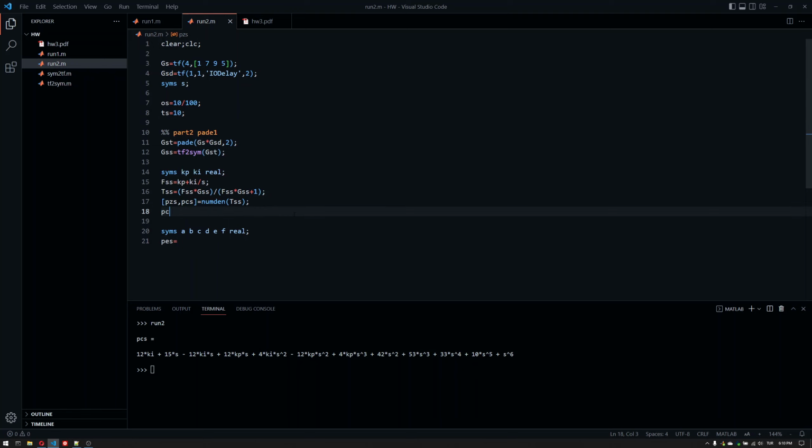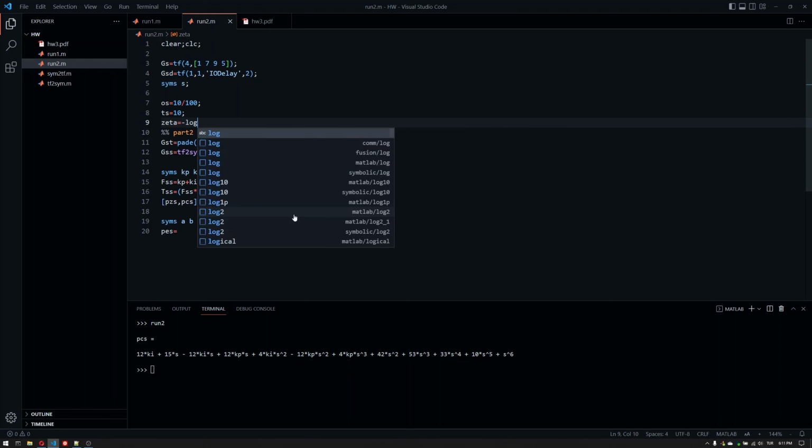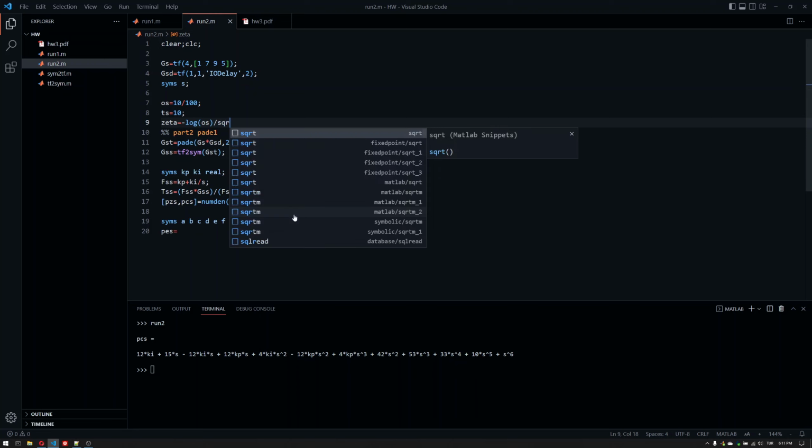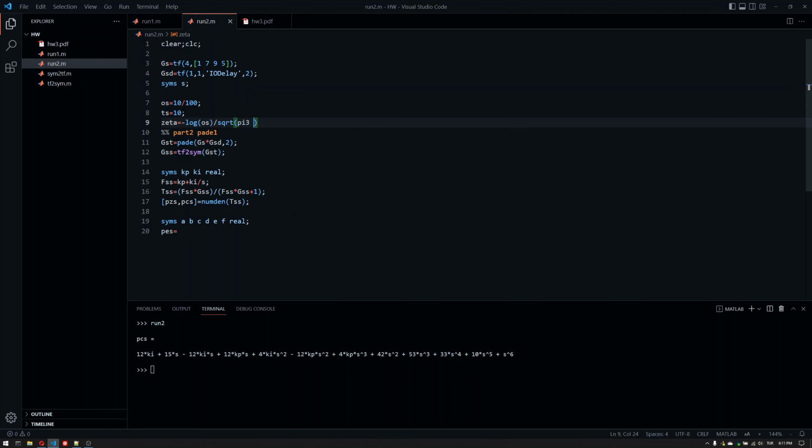So, therefore, we know what PDS should be. Zeta equals minus log overshoot divided by the square root of pi squared plus log overshoot squared.